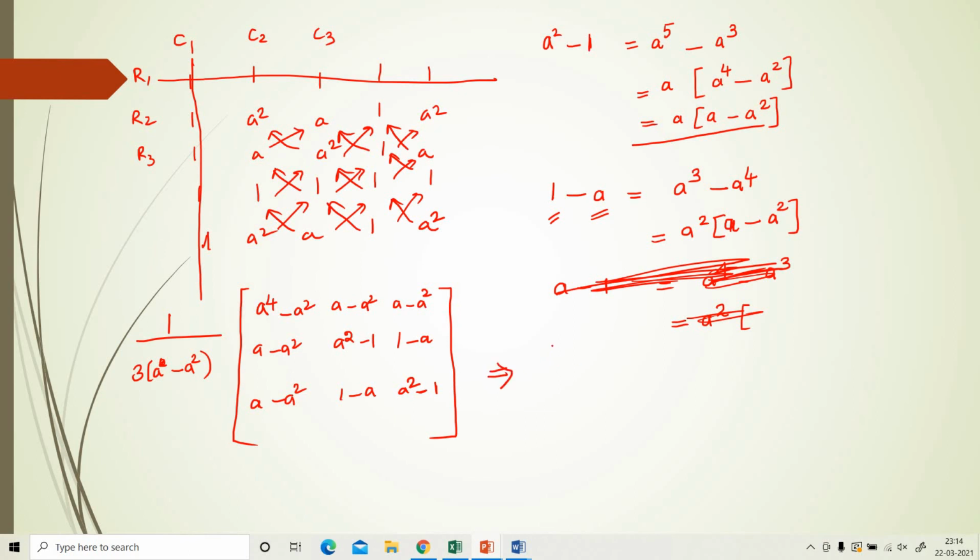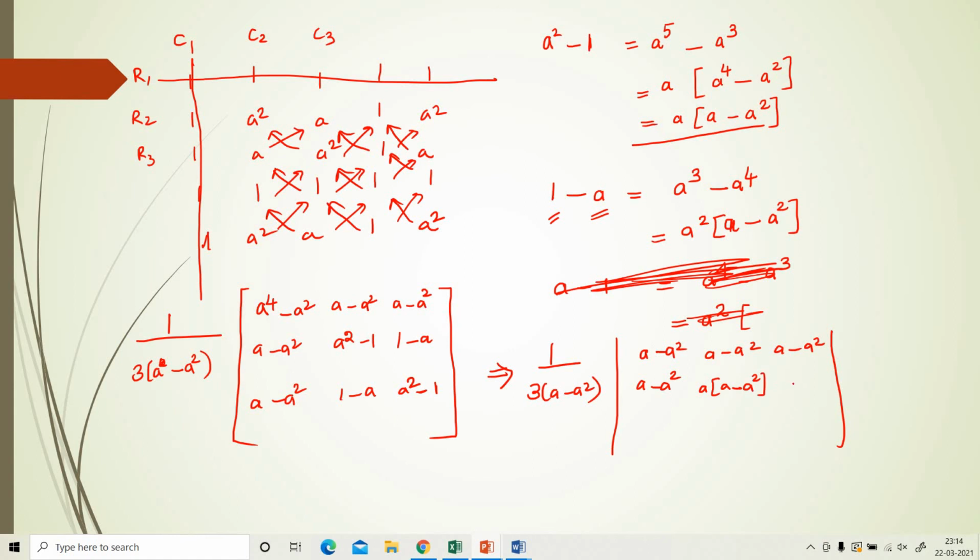How to rewrite this? 1 by 3 into A minus A square. Inside, what are the terms? The terms are A minus A square, A minus A square, A minus A square, A minus A square into, instead of A square minus 1, I am writing as A minus A square.